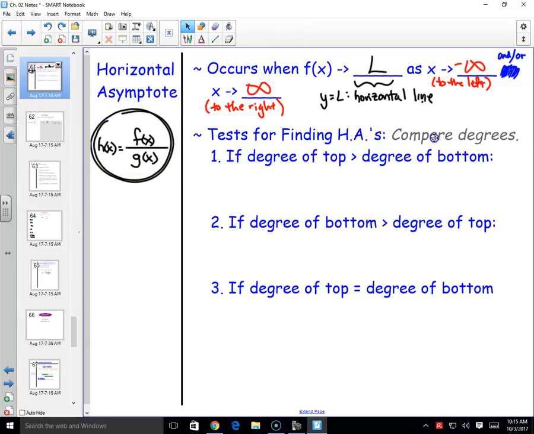Vertical, look at g, it can't be 0. As long as it doesn't factor with the numerator, that's a vertical asymptote. But for horizontal asymptotes, we have to test the top with the bottom, and ask ourselves whose degree wins. If the top wins. That's messy.